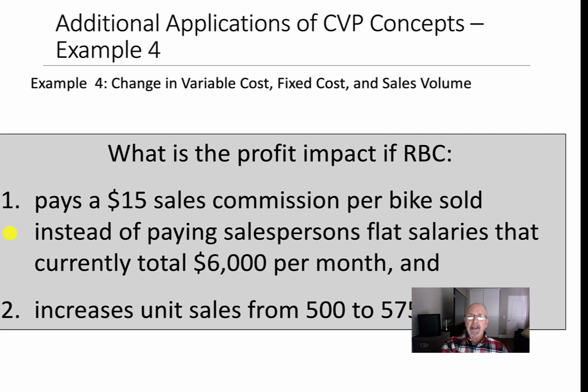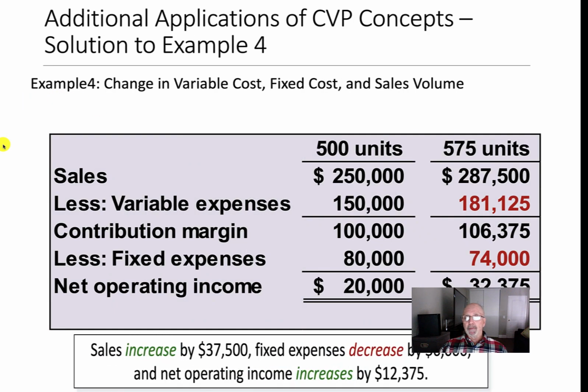But what's happening here in number 1? Well, we're eliminating salaries. Salaries are a fixed expense. So we're replacing the fixed expense of $6,000 a month with a variable expense of a sales commission at 15 bucks. So let's see what happens there.